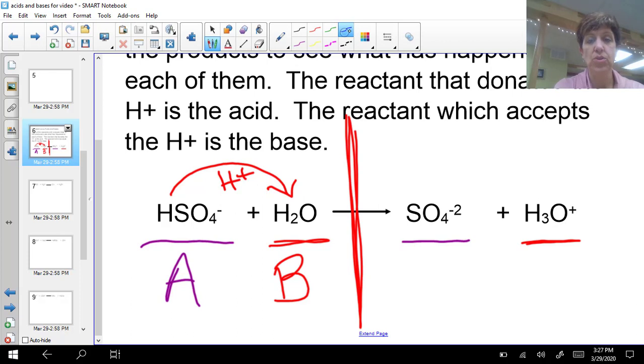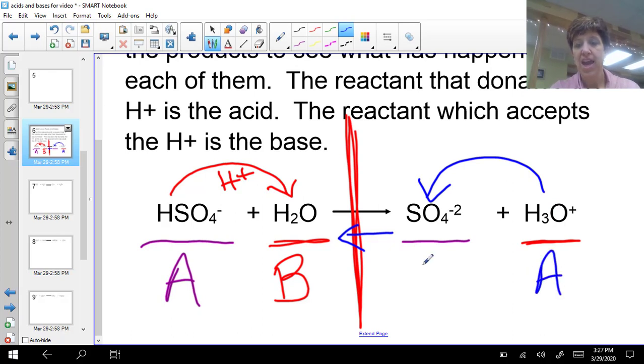Now I want to do the reverse reaction. If I look in this direction, this SO4 minus 2 has to gain an H. So the H is going to be donated from here, and it's going to be gained here. Wherever the arrow starts, that's my acid because it's giving away the H plus, and wherever the arrow ends, that's my base because it's accepting the H plus.